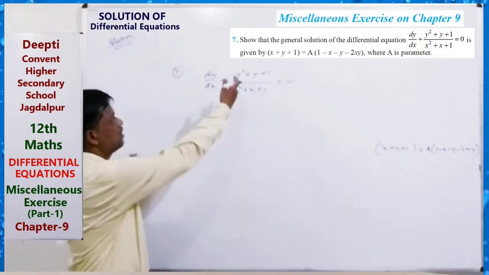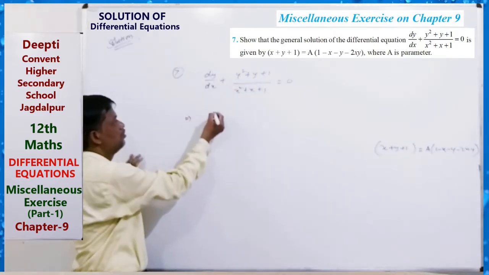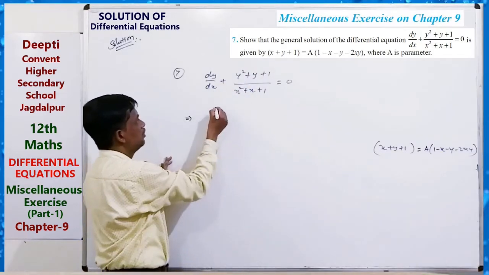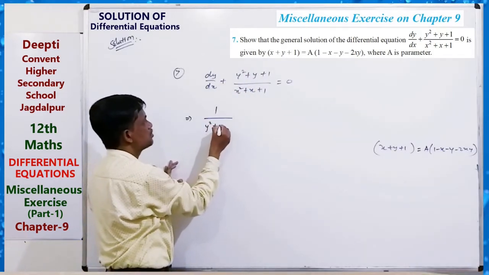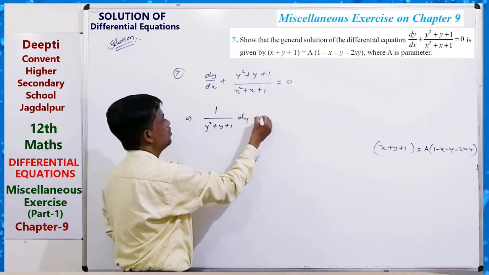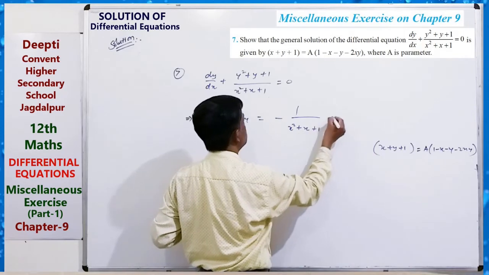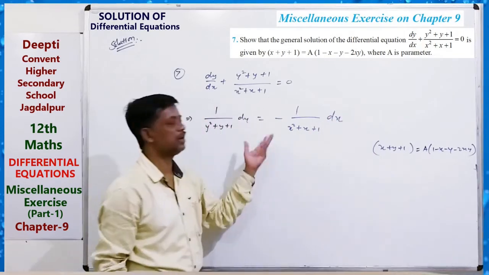It is also in variable separable form. We can transfer this to the right-hand side, then it goes to the numerator: dy upon (y square plus y plus 1) equals minus 1 upon (x square plus x plus 1) dx. Just write it like this.